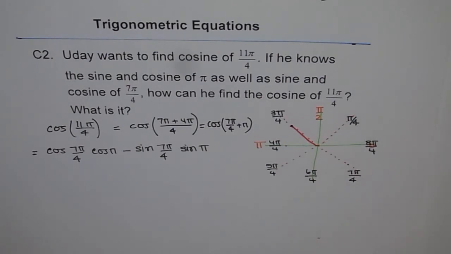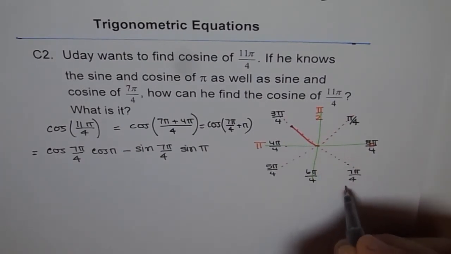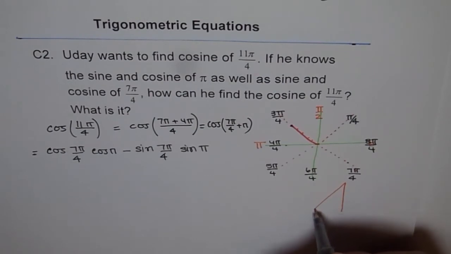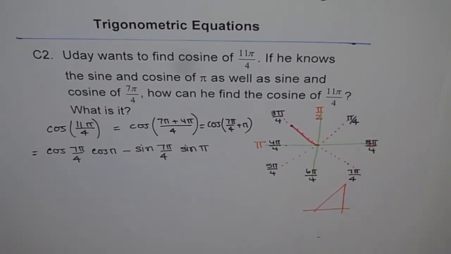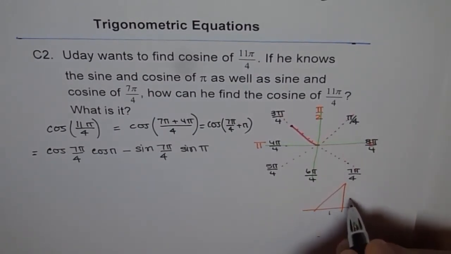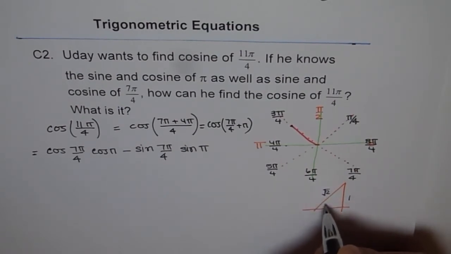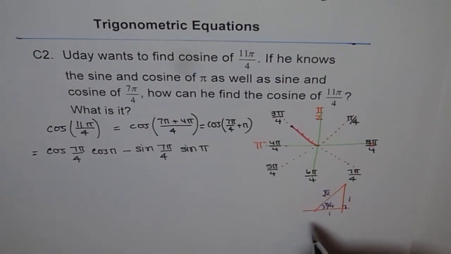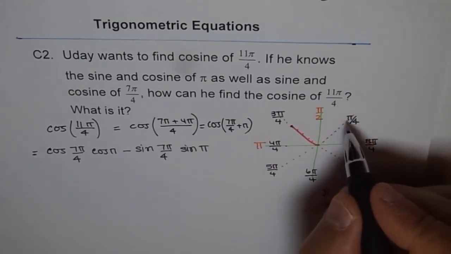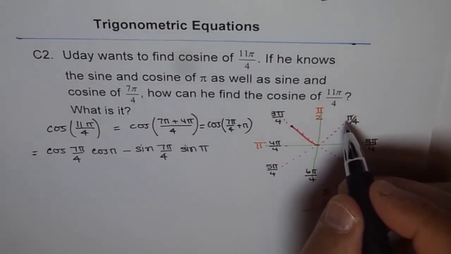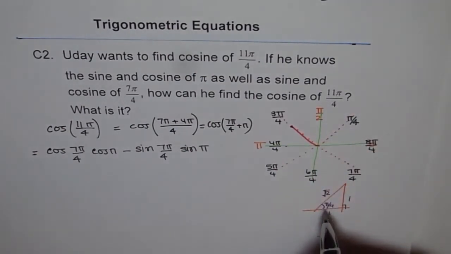Now it says that Uday knows the sine and cosine values of 7 pi by 4. So let's make our triangle, the standard triangle for pi by 4, which is 1, 1 and square root 2. That's for pi by 4, correct? Now here, both sine and cosine are positive, so both are 1 over square root 2.